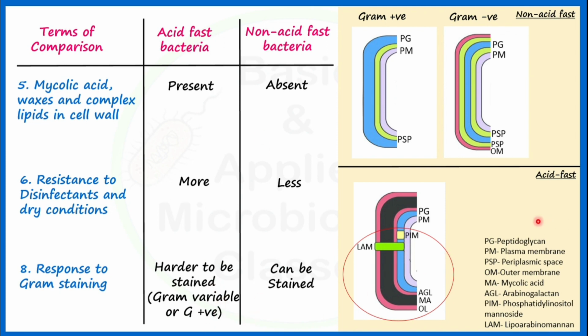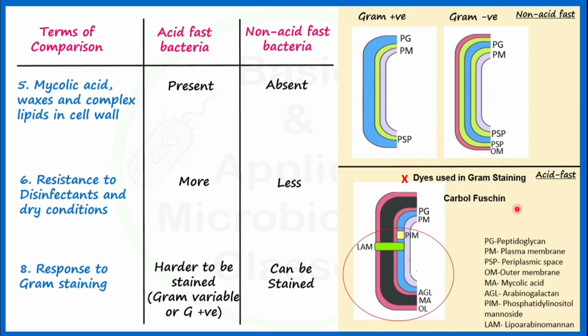The dyes we use in gram staining cannot penetrate through the cell wall of acid-fast bacteria, because it is very high in lipid content. On the other hand, the dye carbol fuchsin used in the acid-fast staining protocol is rich in phenol, right?